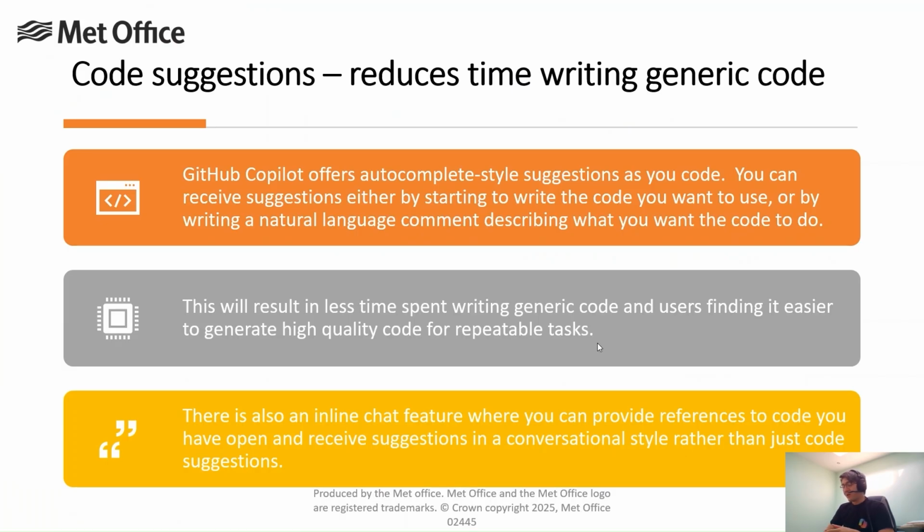The idea of this is that very simple tasks become predictable, and you can simply use this AI pair programmer to speed through those more repeatable or boring coding tasks and get to the more interesting science.